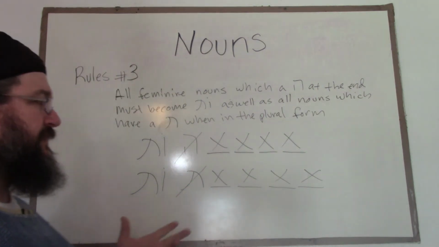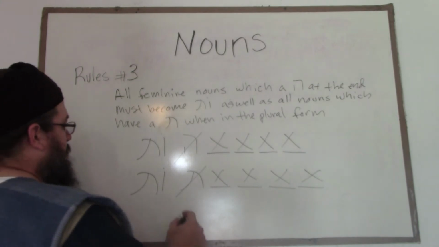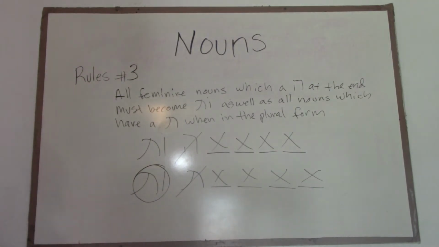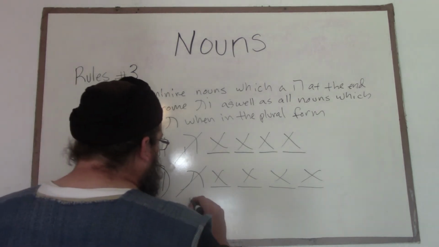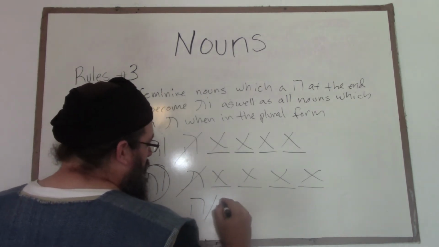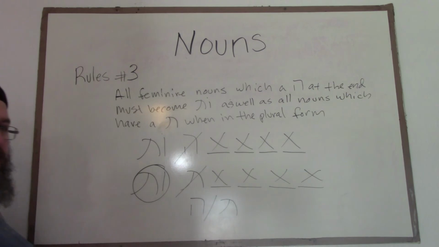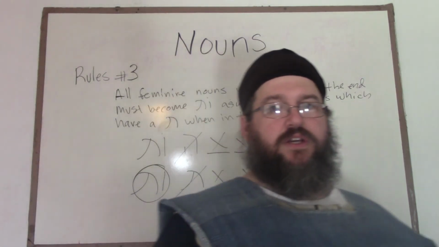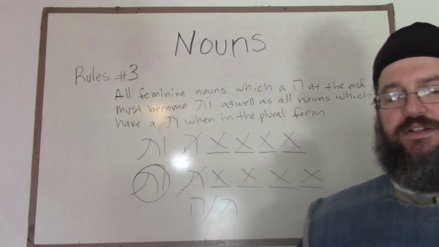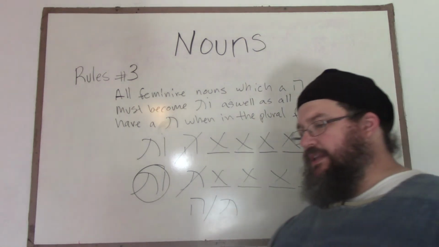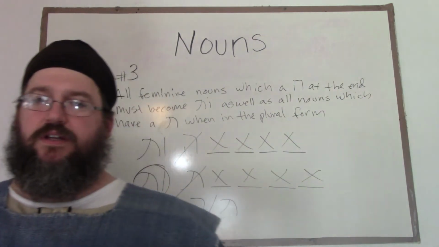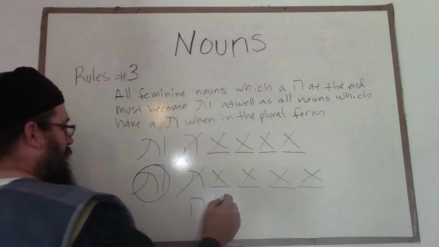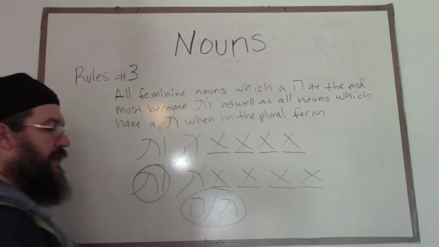And the answer is going to be simple. If I can take the ot out of the equation and I try to put a hey, or I try to put a tav at the end of the noun, and I cannot find it in the dictionary, okay, because all the Hebrew words that are in the Hebrew dictionaries are going to carry the singular forms, okay, I know, for example, it's not a feminine noun.